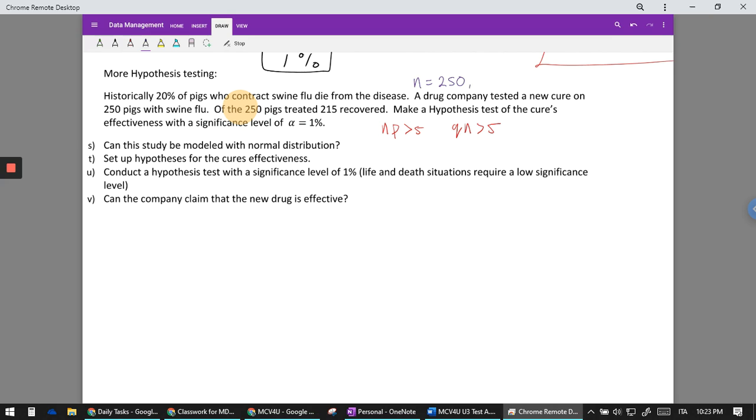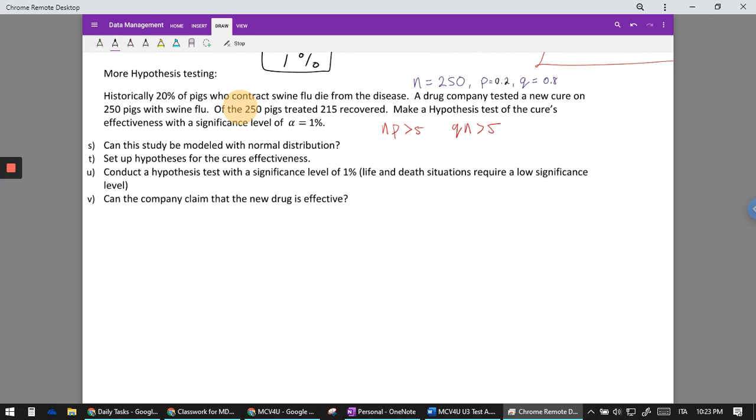And then P happens to be 20%, or 0.2, and Q happens to be 80%, or 0.8. Question is, what's P times N and what's Q times N?